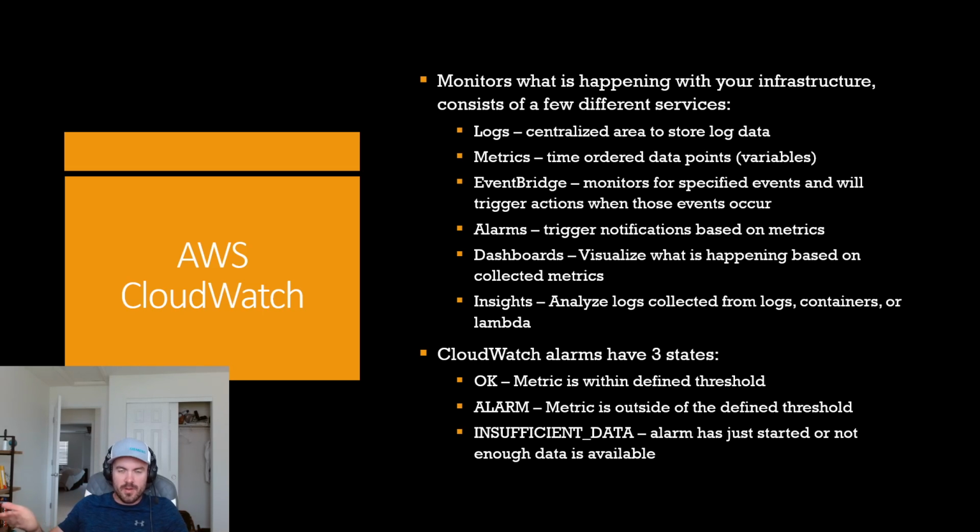So, for example, maybe you're monitoring CPU utilization on some of your instances, and then you want to trigger an auto scaling group to do something when CPU utilization goes over 75% or whatever. Alarms trigger notifications based on metrics, and then you can, of course, use that with SNS to send out notifications. You've got dashboards, which are going to be what brings everything together.